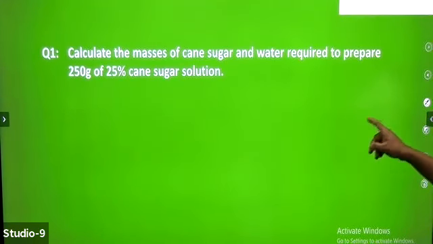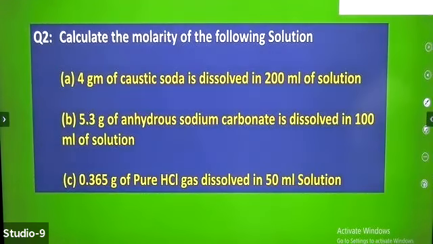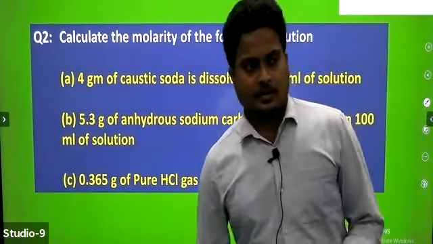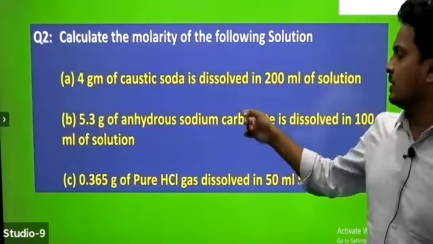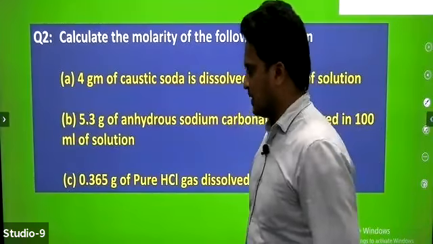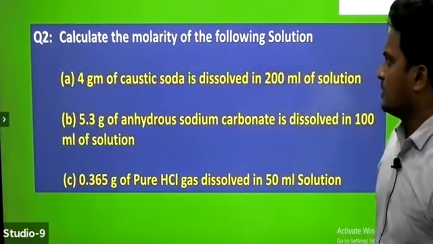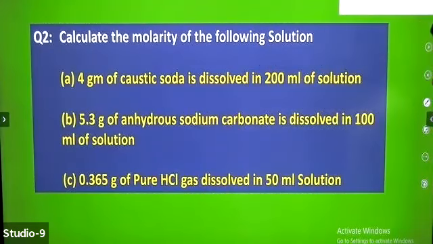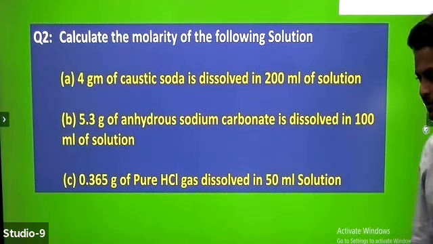Already this one is completed, I think. Now, calculate the molarity of the following solutions. Last class we discussed the formulas of molarity and molality. Now write the question number first. 4 grams of caustic soda is dissolved in 200 ml of solution. What is meant by caustic soda?